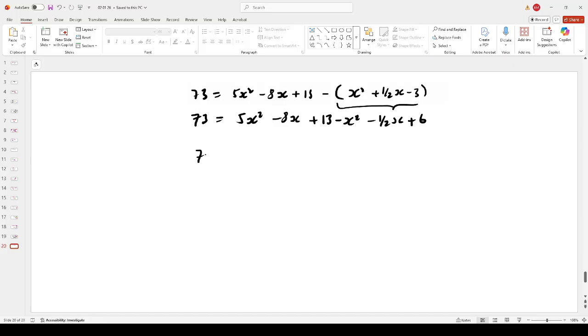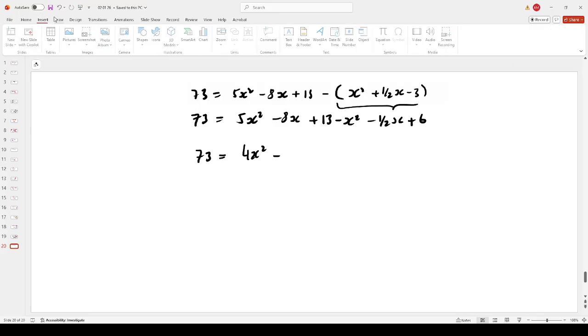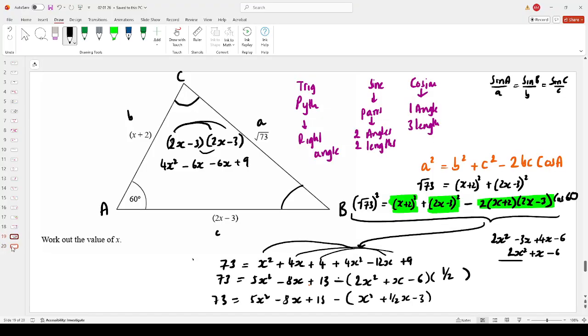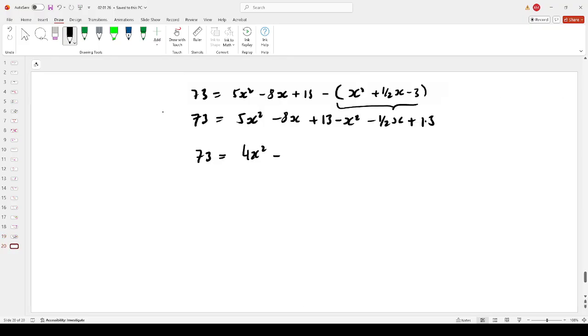Okay, so 73 equals 4x squared minus... oh, that's supposed to be 1.5. Sorry, that's supposed to be 1.5. My bad. Wait, what was it before? Oh no, it is supposed to be 3.